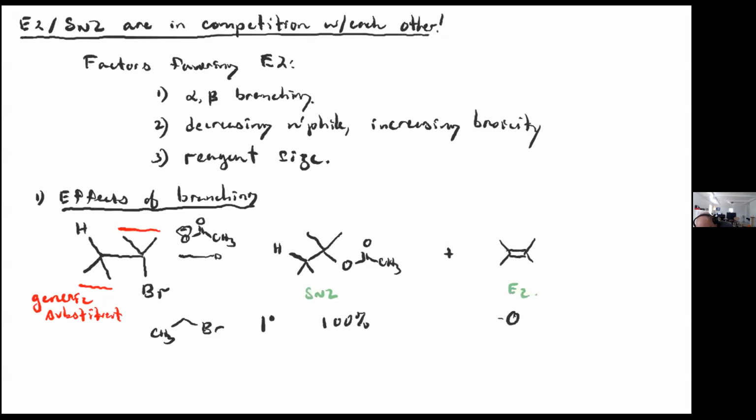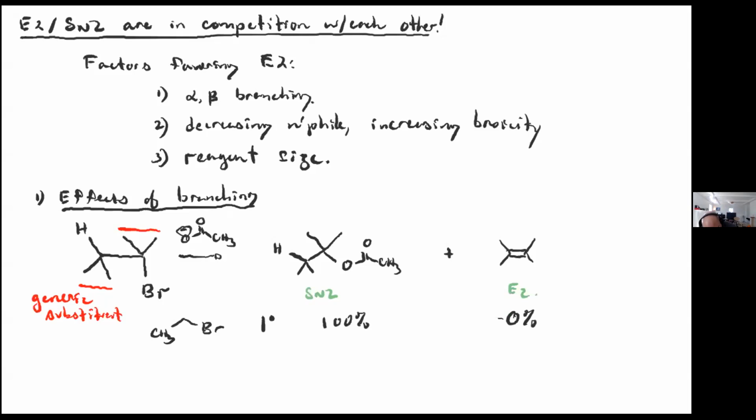That's consistent with what we've learned so far. Primary substrates are great for the SN2, and we know bromide is a good leaving group, so we're going to get the substitution.